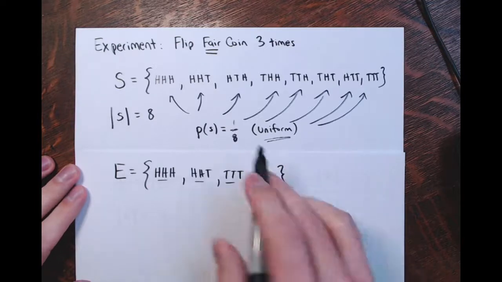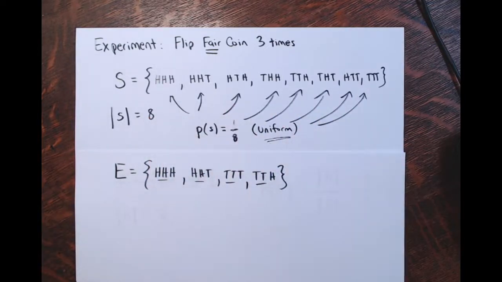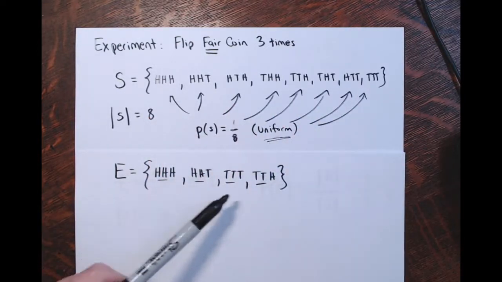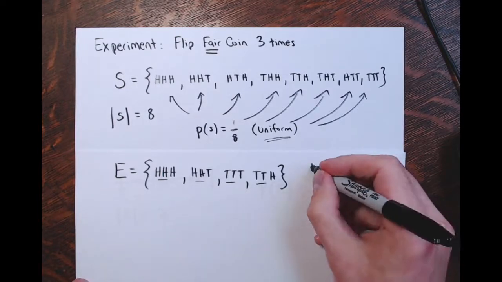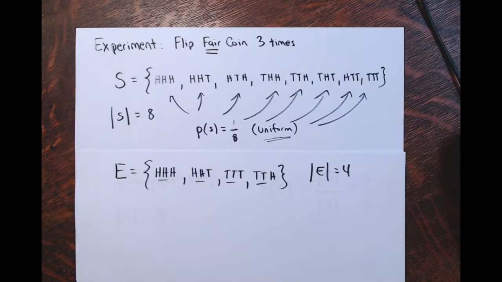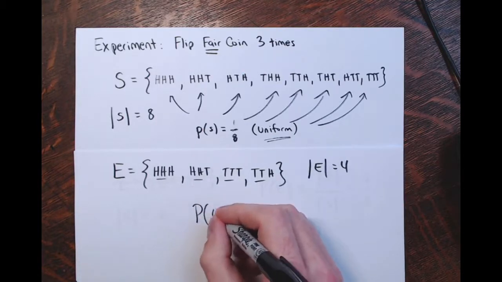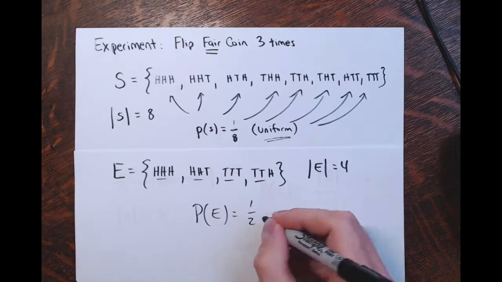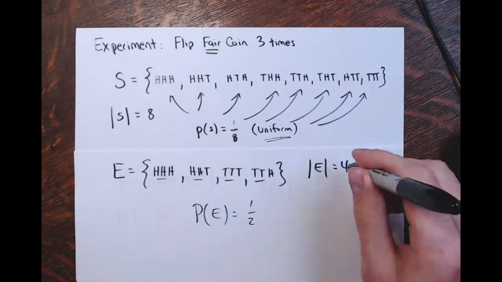And that's it. Looking at all the possible outcomes in the sample space, there are only 4 outcomes here. And again, since we're in this uniform distribution scenario where every outcome of the sample space is equally likely, the probability of this event is 1/2, 4 out of 8.